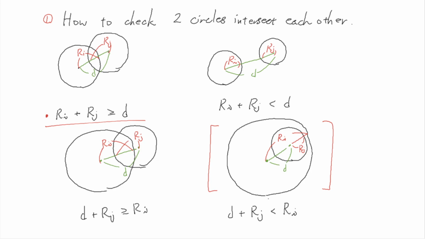So what you want to know is how to check whether two circles intersect each other. So you have to think about the opposite.